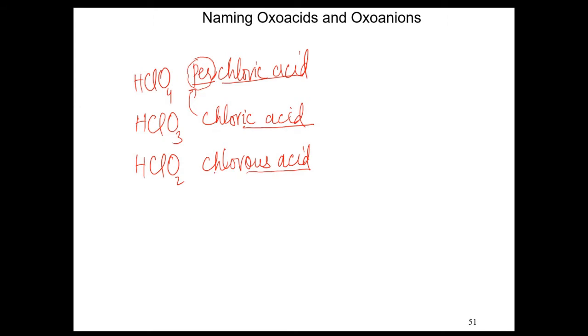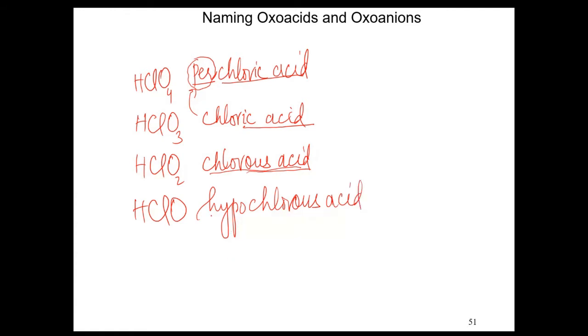Okay, next. Come to this one. When you remove one oxygen, here it becomes HClO. Now it is chlorous. It becomes hypochlorous acid. Now hypo means low. It means here one oxygen is low. So just add hypo with this.